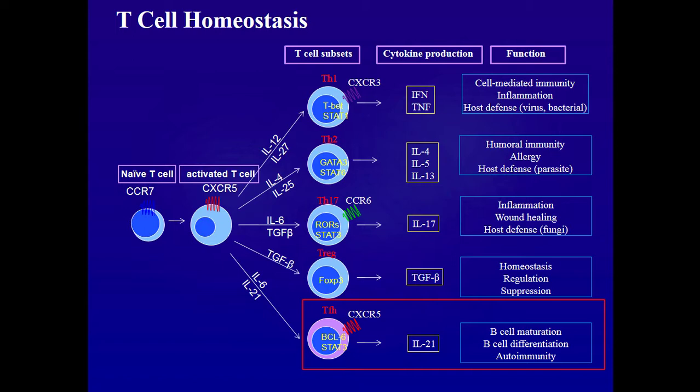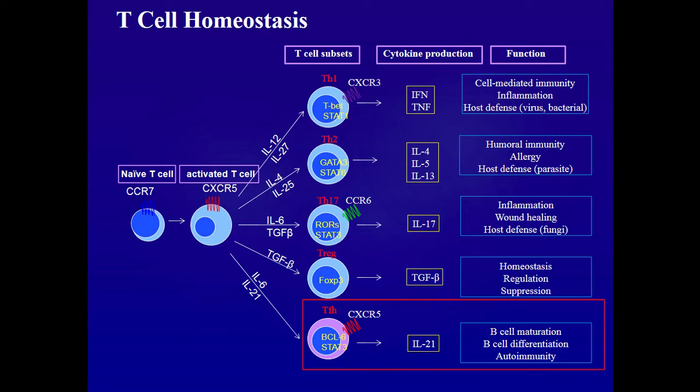Each subset has its unique transcription factor and unique surface markers, which can identify the cell if you study any T cell subset. We focus on the bottom one, the T follicular helper cell, which expresses CXCR5 and ICOS and secretes the cytokine IL-21, playing a role in B cell differentiation and proliferation.